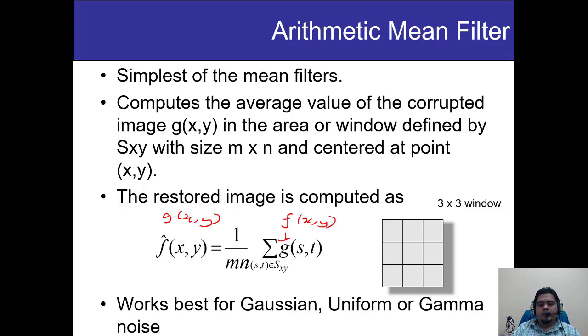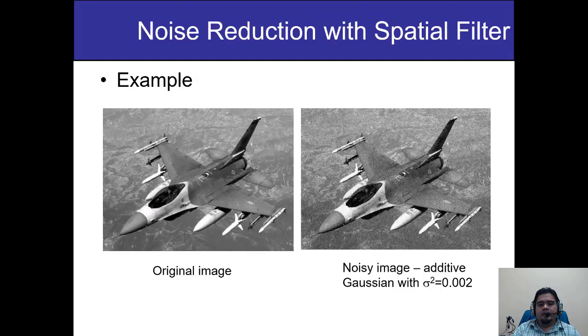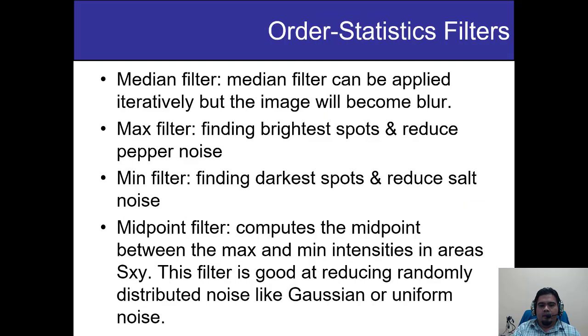Gaussian noise can be tackled by many filters, but the one special case for applying the midpoint filter is uniform noise. If you find out that your image is affected with uniform noise, then this is very suitable to tackle that kind of noise.